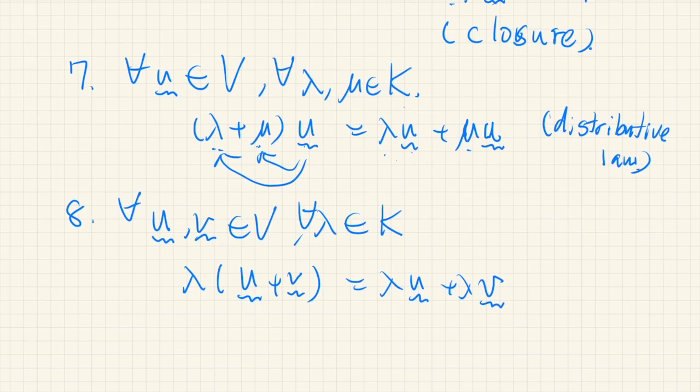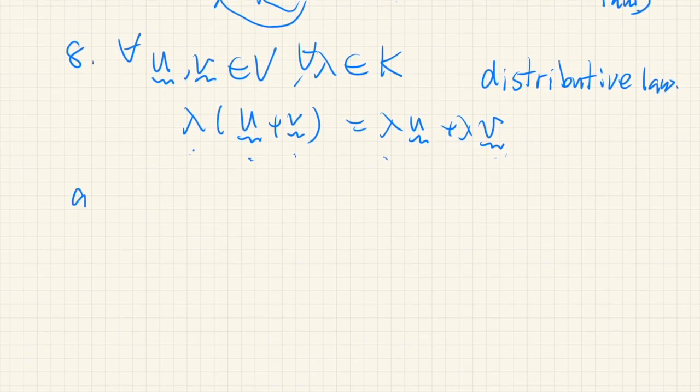So this is another type of the distributive law. So we first add two vectors and then multiply by a scalar, and the result is the sum of scalar multiplications.